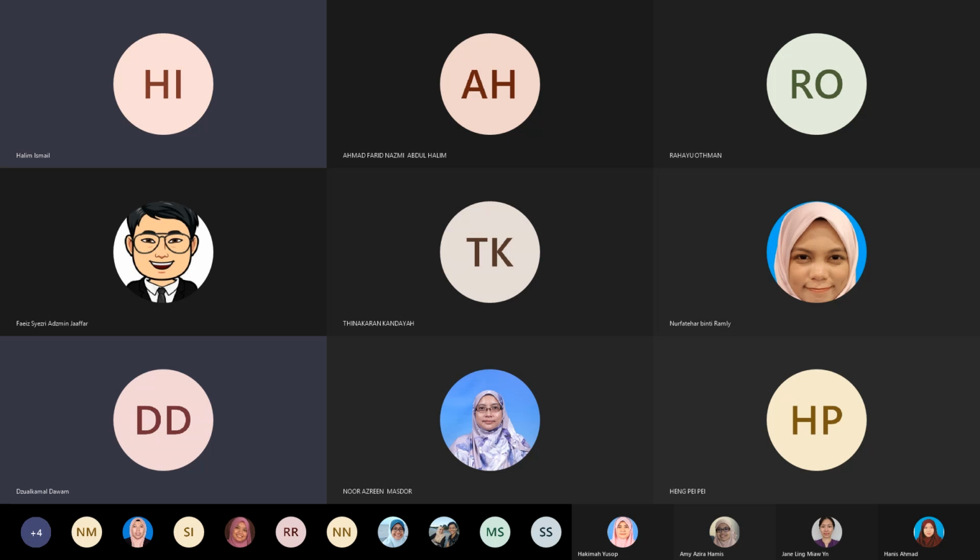Okay, under OSHA memang dia looking into the involvement of occupational safety and health in the workplace is based on the workers, the employer, and also the government. Okay, but the government meaning the enforcement agencies from DOSH. Okay, so bila dekat tempat kerja tu, you need to have employee representative, employer representative, and then they come into a meeting in the safety and health committees, right?